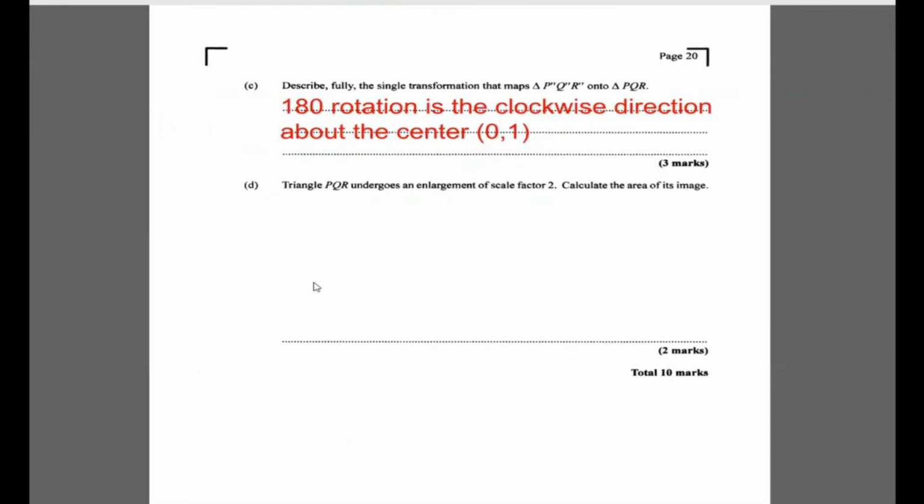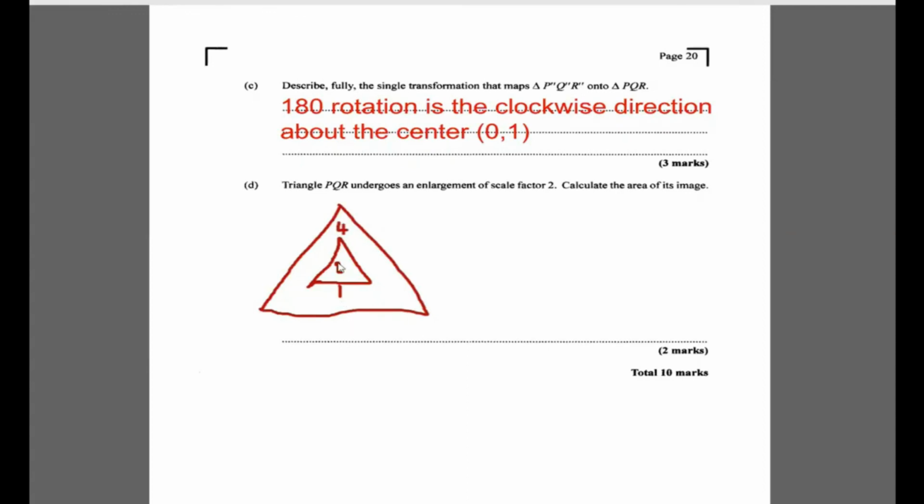If I give you a triangle, I'm just making up something. Let's say this is a triangle with a height of 2 and a base of 1. And I tell you that I enlarge it with a scale factor of 2. So the height becomes 4 and the base becomes 2.